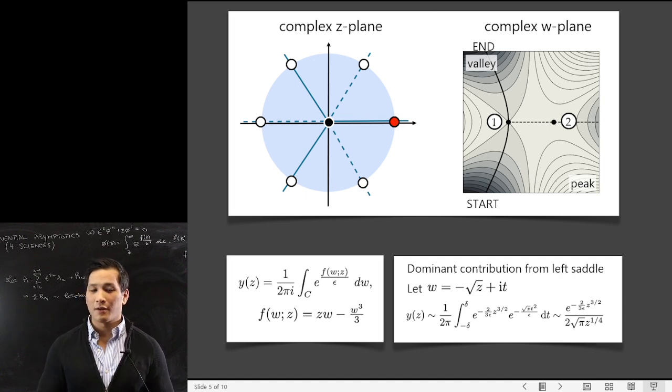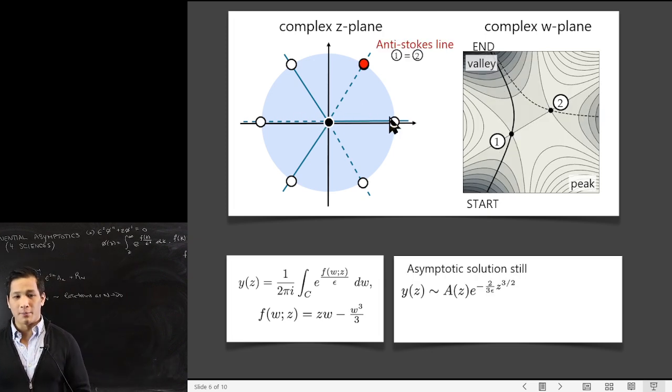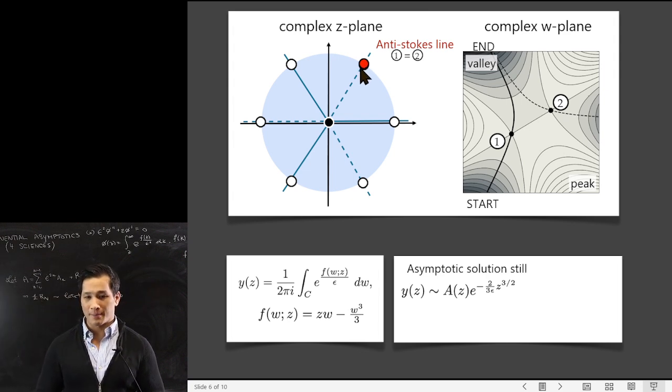Okay? All right, and now you know what the name of the game is. You're going to then move the z, which is indicated by the red circle here, around the complex plane and see how the right picture is going to deform under that analytic continuation. So now I move z to the dashed line, which we've called the anti-Stokes line.